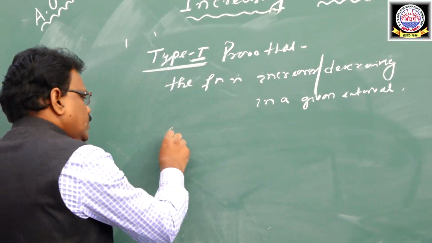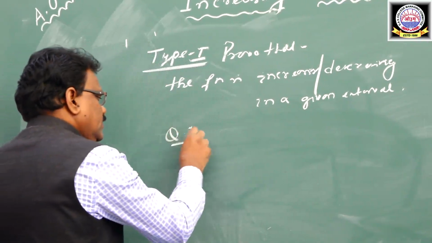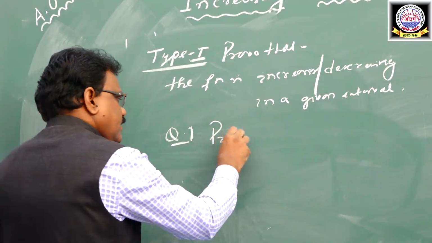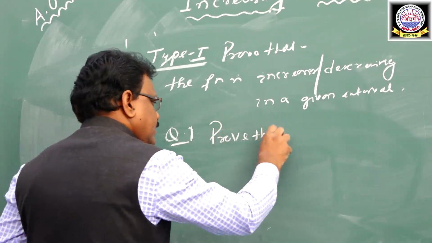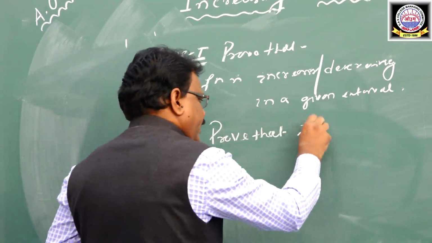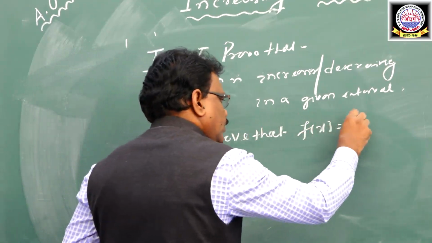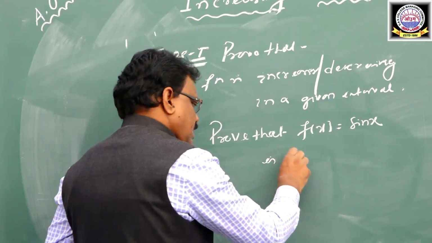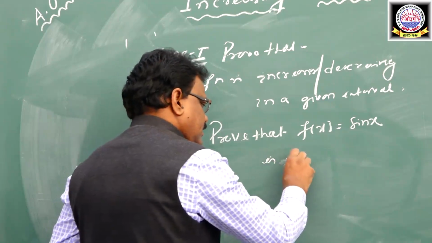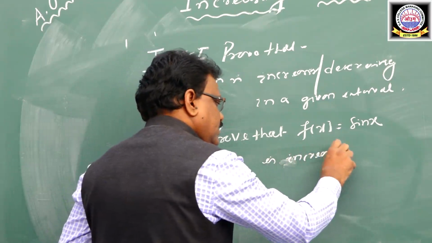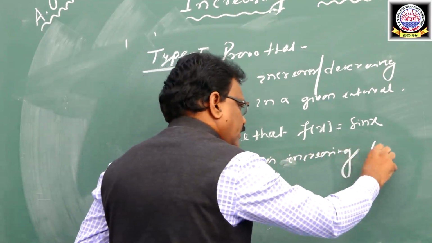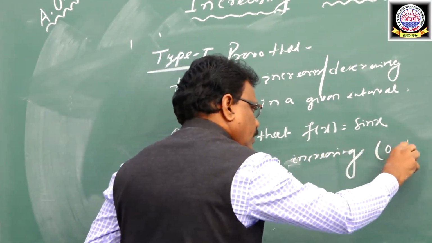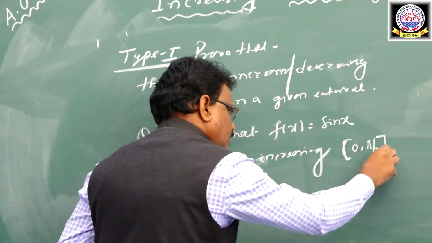The first question: prove that f of x is equal to sin x is increasing in the interval 0 to pi by 2. Suppose I am taking the closed interval.